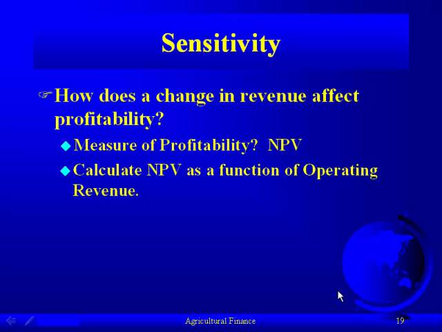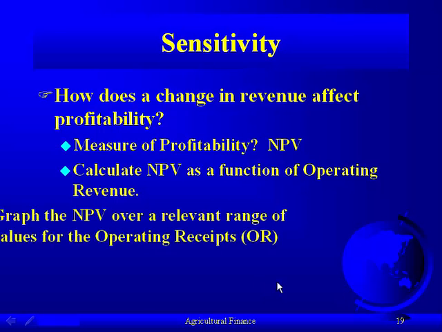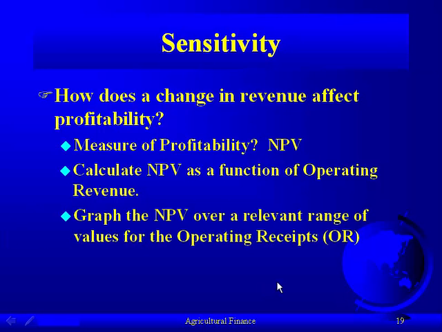If you think about it, that makes sense. If we want to know how profitability is affected by the operating revenue, we want a function where net present value is a function of the operating revenue. And then we can graph the net present value over a relevant range of values for the operating receipts. Then we can get a feel for how dependent profitability is on that variable.